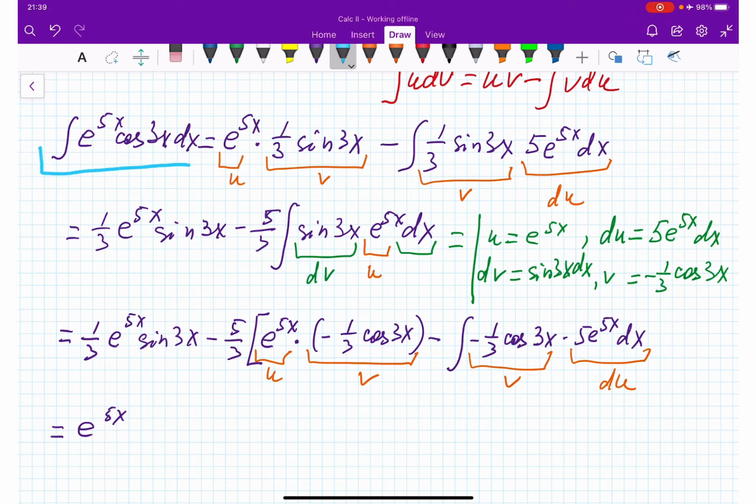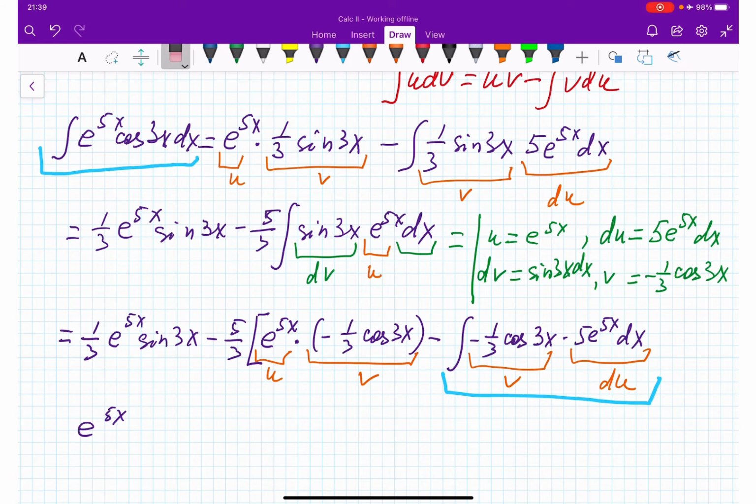The original problem was e to power 5x cosine 3x dx, and here we repeat it: negative 1/3 will come out, and we get again cosine 3x times 5 e to power 5x dx. So negative 5/3 will come out, and we get the original one, right? We integrate and come back to the starting point, which means the integral of cosine 3x and e to power 5x. Then we're going to isolate these two and combine them as like terms.